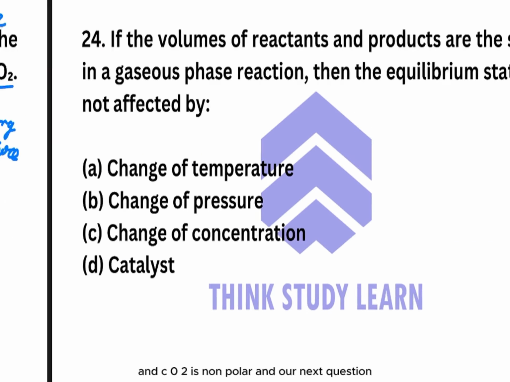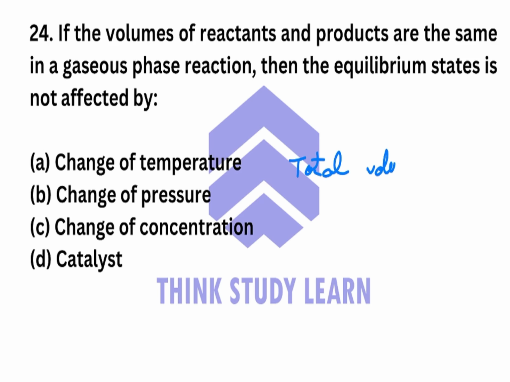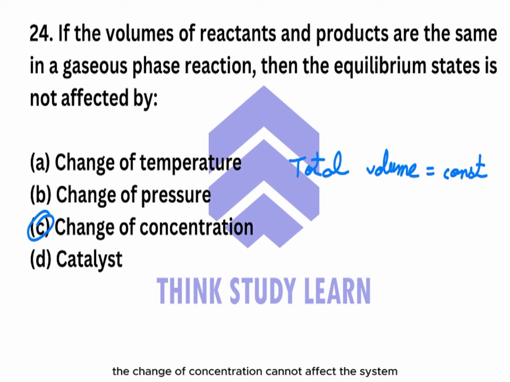In our next question, we are given that if the volumes of reactants and products are the same in a gaseous phase reaction, then the equilibrium state is not affected by one of these. If the total volume remains constant, hence the change of concentration cannot affect the system.